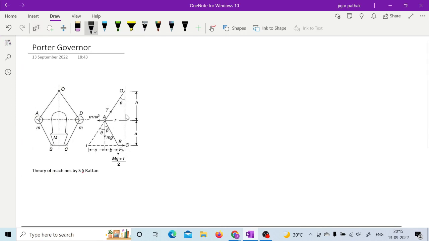So here in this figure, an extra mass m is attached to the sleeve. And here the frictional force is also considered. Mg plus or minus F is written.